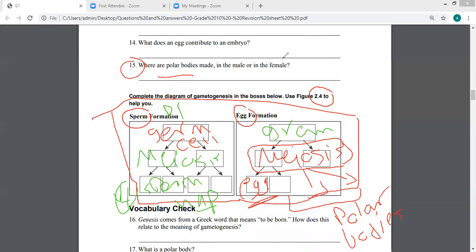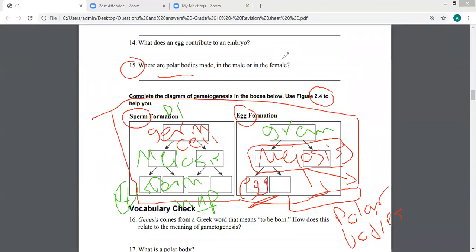Okay, polar bodies. They are produced by meiosis division of the germ cell, and all the time they will be broken down.